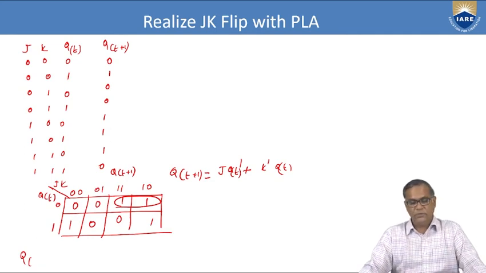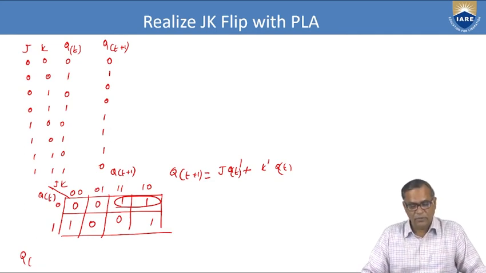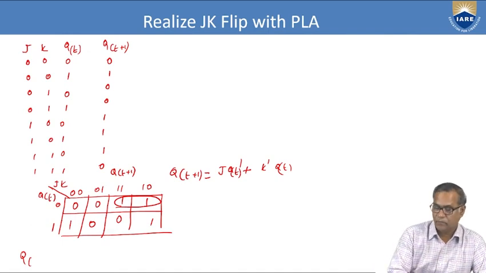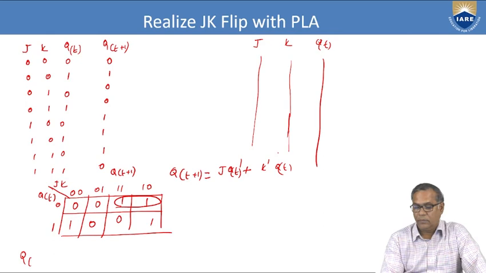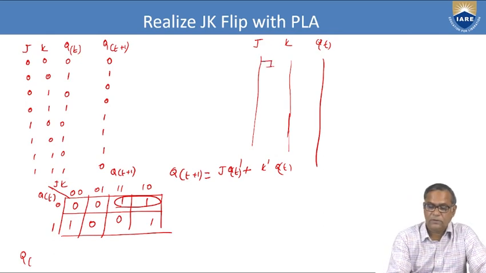So now you realize it using programmable logic array. This is J, K, and QT, and their complement form also is available here.